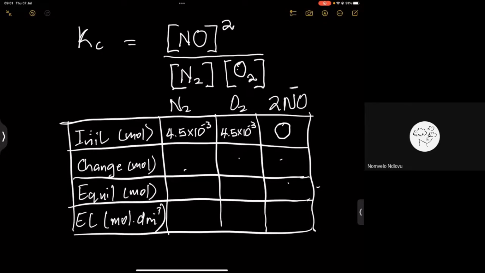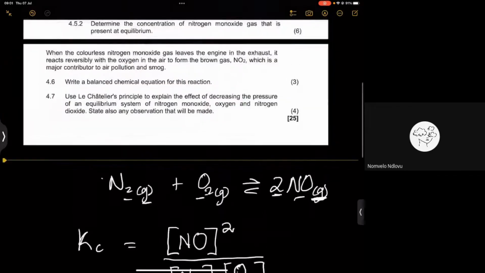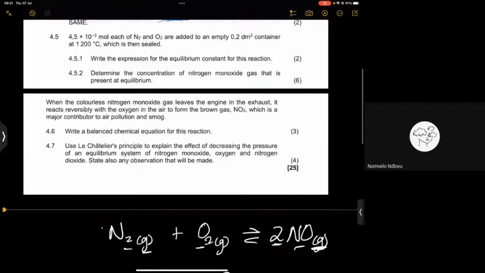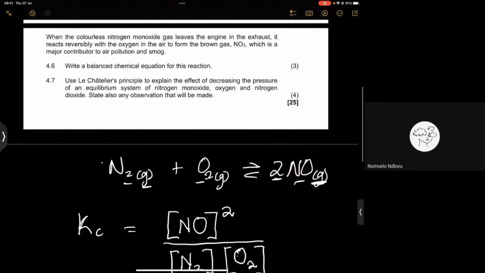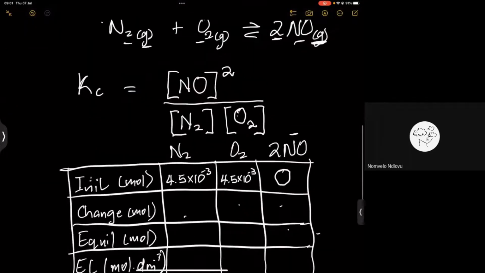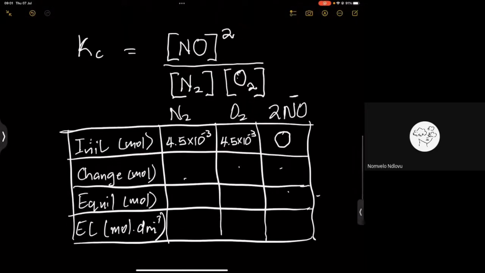They wanted us to find out the concentration of nitrogen monoxide at equilibrium. Now, if you don't mind, I'm going to say, look, let's assume the amount of nitrogen that I use in the reaction, remember when the reaction occurs, then I'm going to have nitrogen monoxide that I form, using nitrogen.